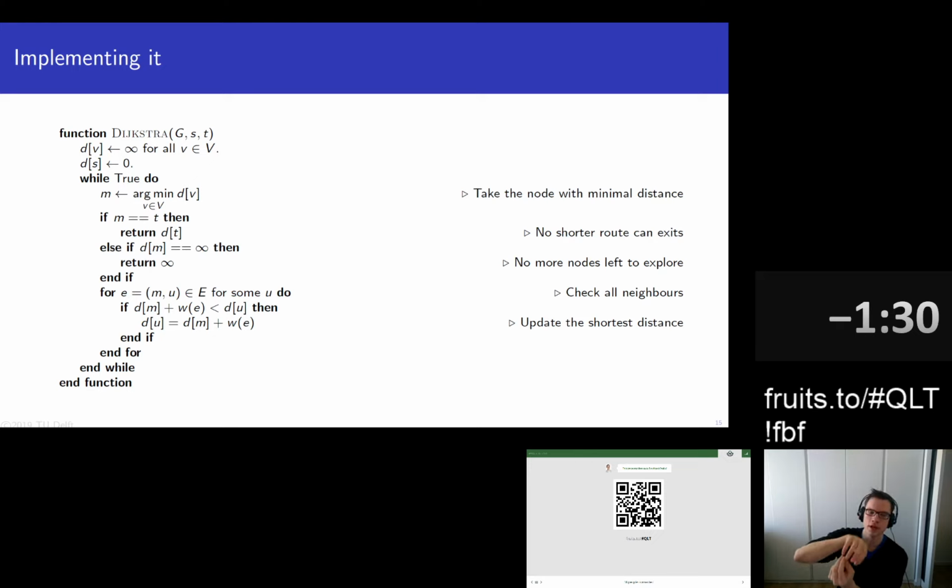If so, great, update the distance of these neighbors. I can imagine that might be quite a bit to take in. So are there any questions about this already before we start applying it to a graph?